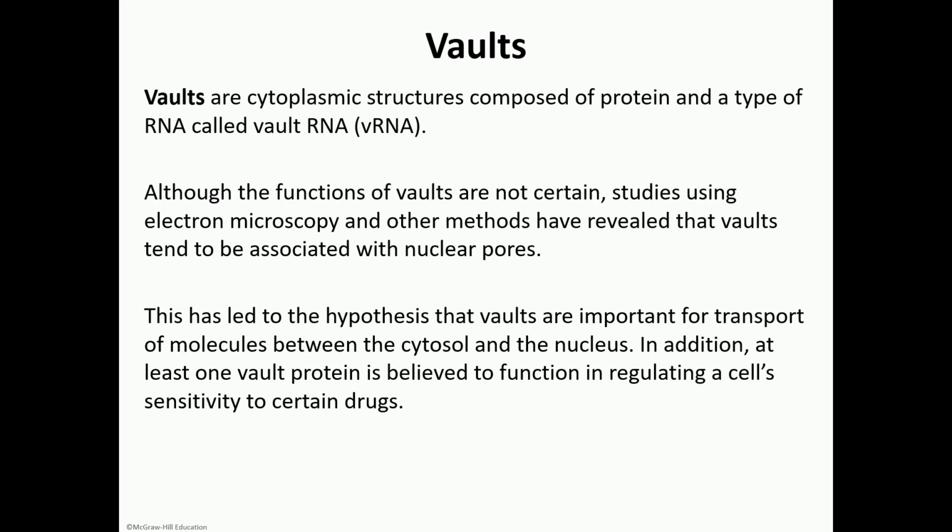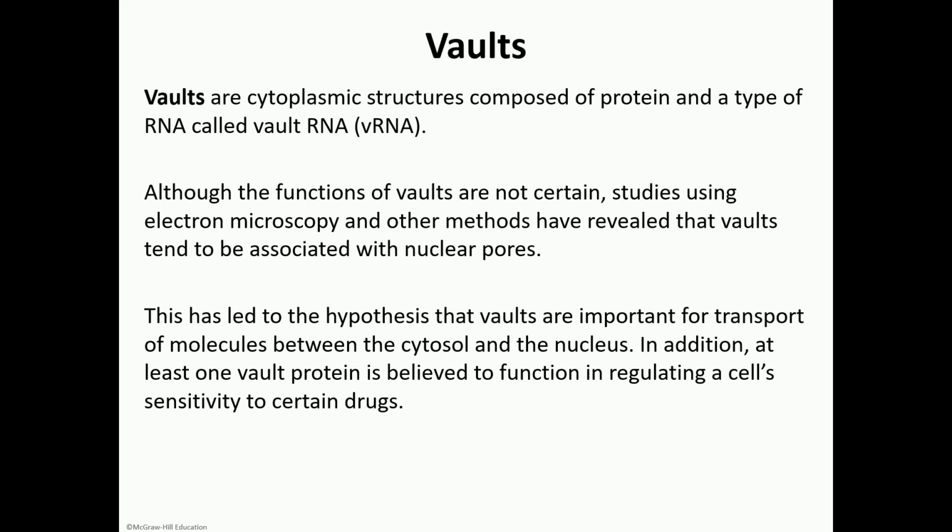Now vaults. And vaults are the first kind of RNA that we are going to be introducing. vRNAs are just like any RNA, made out of a little bit of RNA and a little bit of protein. And this is a relatively newer kind of RNA that was discovered that covers the nuclear pores. Hence the name vaults. They're kind of like these vaults covering the nuclear pores.